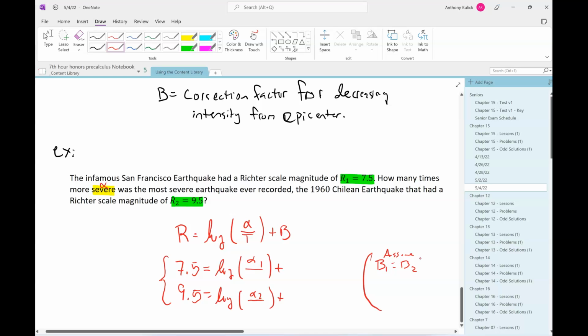Everybody's okay with that idea? Since the reading we got would have been something, and then we added B to it to get the 9.5, it's now representing basically the epicenter where the B would be 0. So they're the same B's. Cool?